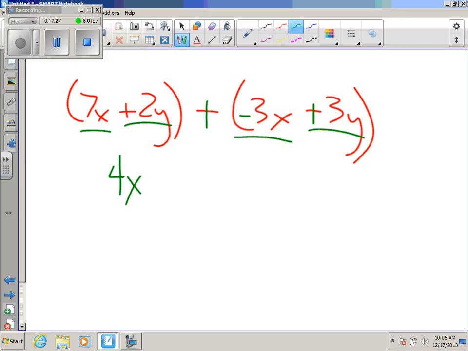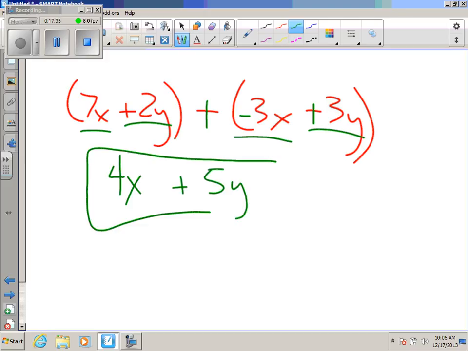Positive 2 and a positive 3 become positive 5y. Okay? Yes, additive inverse. It's like saying adding a negative is the same as subtracting. But if it's already negative, we're going to make it positive like we did here. Okay?